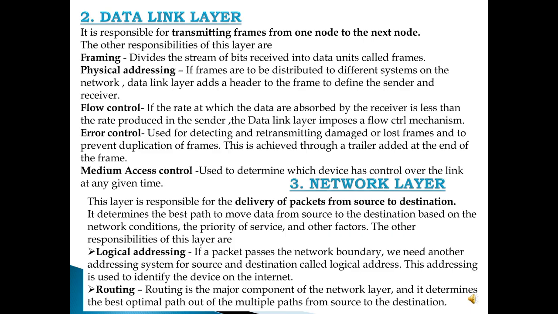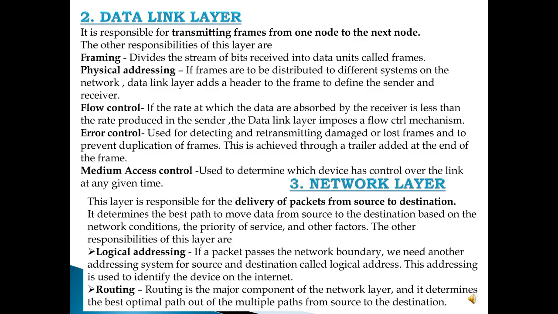Then, flow control. If the rate at which the data are absorbed by the receiver is less than the rate produced in the sender, the data link layer imposes a flow control mechanism. Then we have error control.